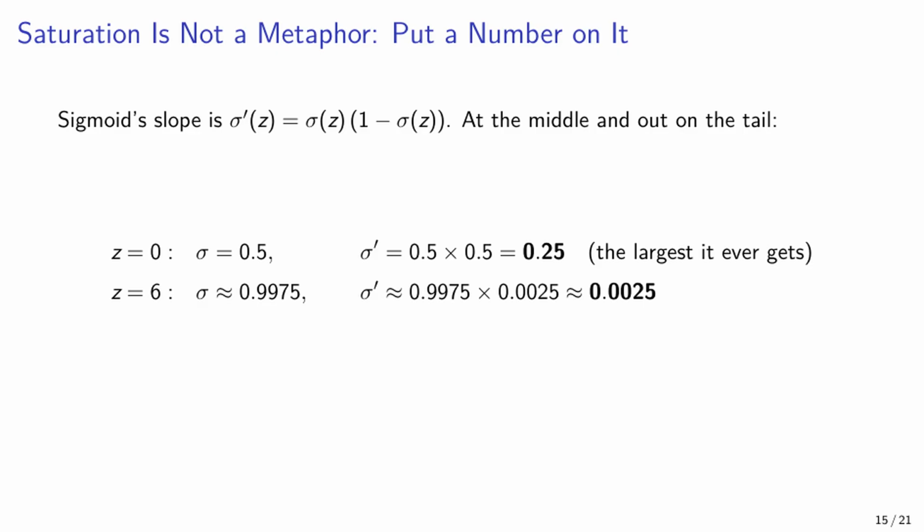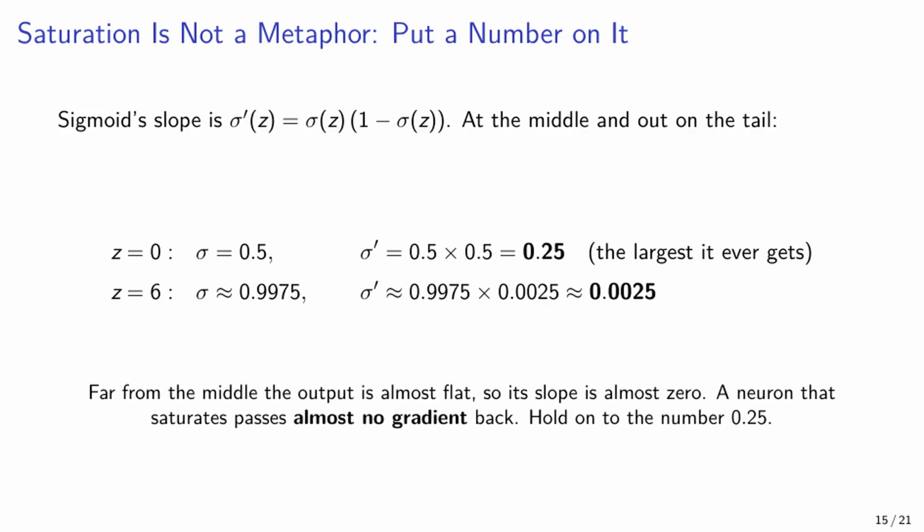Now go out to input 6. Sigmoid is about 0.9975, so close to 1 that 1 minus it is tiny, and the slope is about 0.0025, 100 times smaller than it was in the middle.